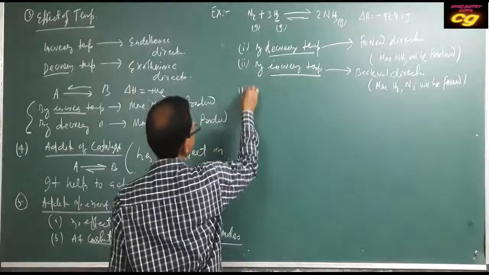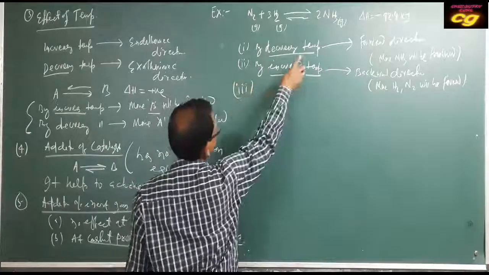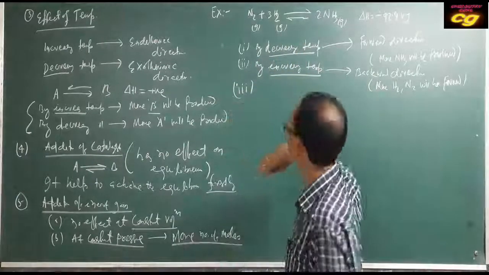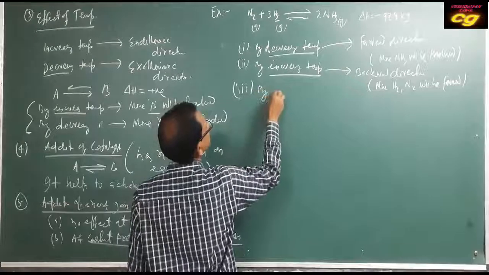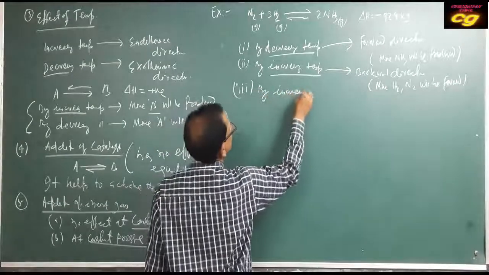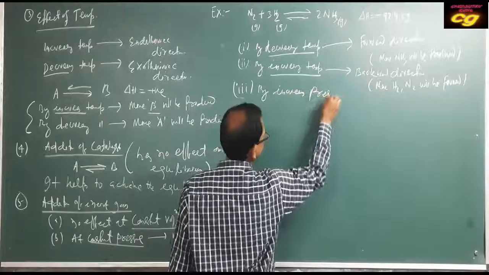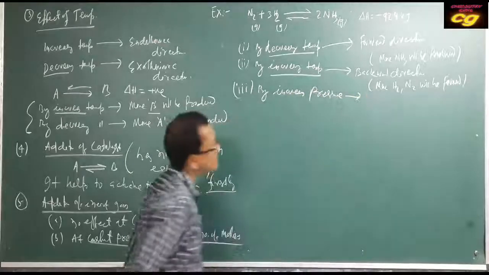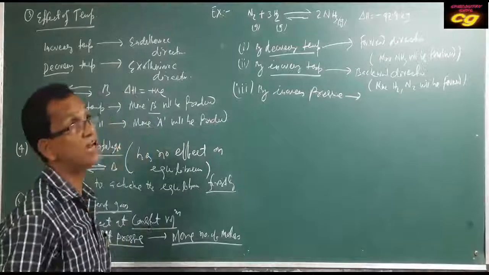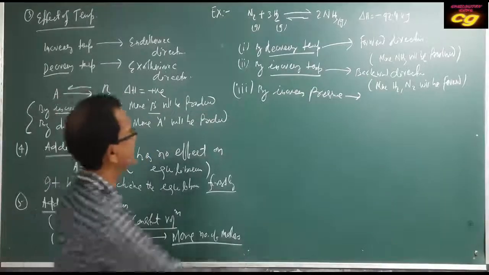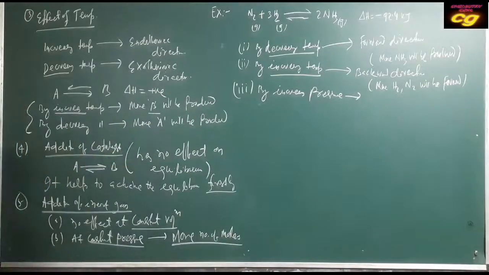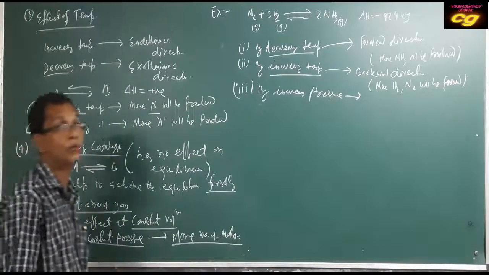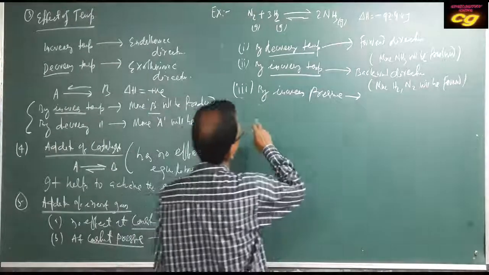Then the third condition: I can get more ammonia by changing pressure. Suppose by increasing pressure. If pressure is increased, we have to see which side the number of moles are less.